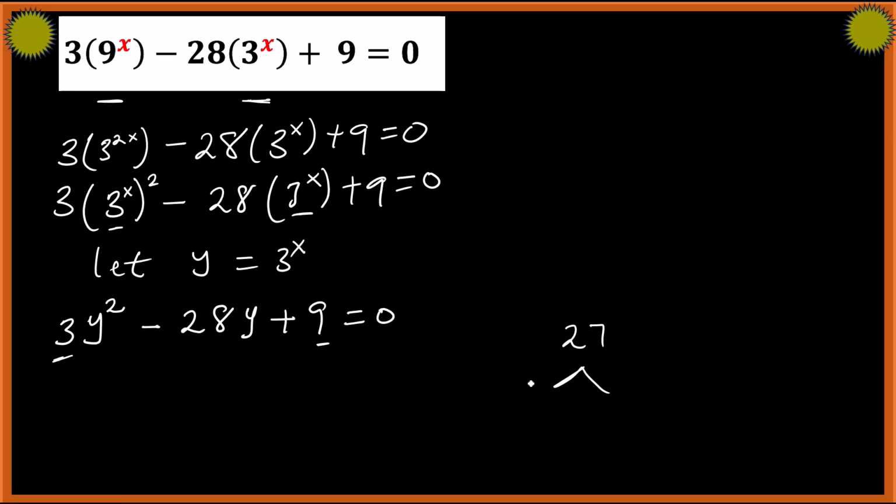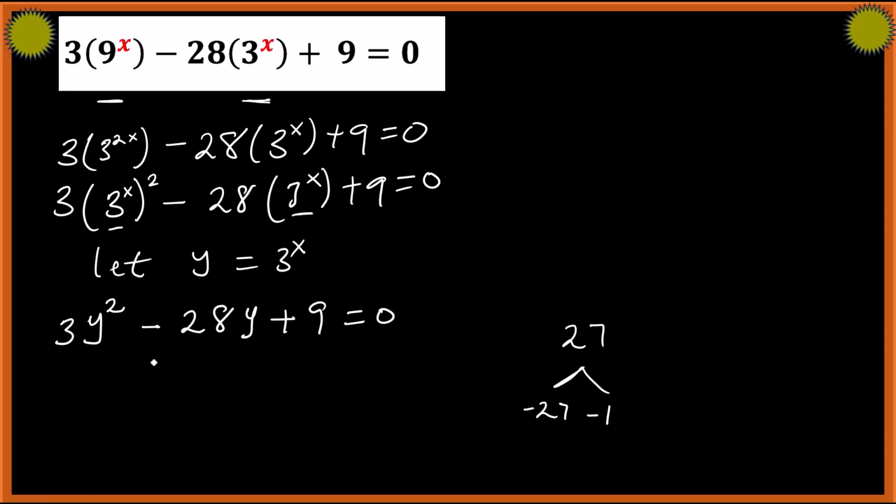We know 27 and 1. If I negate them, minus 27 times minus 1 gives us 27, and minus 27 plus minus 1 gives us minus 28. So I think we can use the factors minus 27 and minus 1.